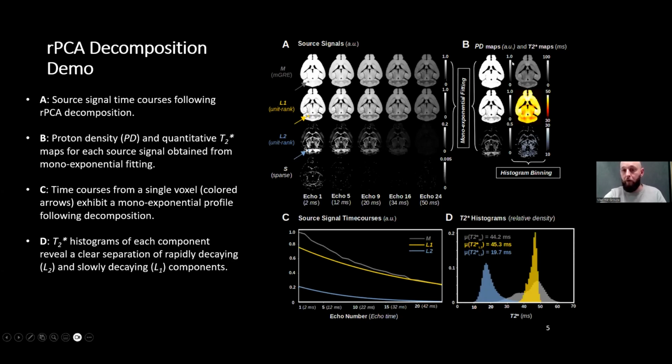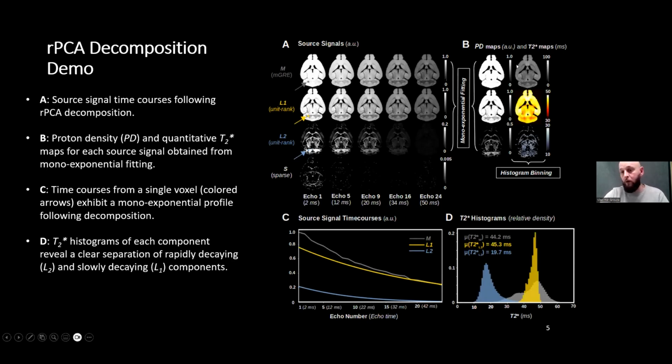But if you further go ahead and perform mono-exponential fitting on each of these components as a function of echo time, you see that in the original source signal, you have a pretty consistent proton density map, but you have hypointensities along the white matter in your L1 PD map, and you basically get a white matter skeleton in your L2 map. So that's a preliminary confirmation that this machine is doing what it's supposed to be doing.